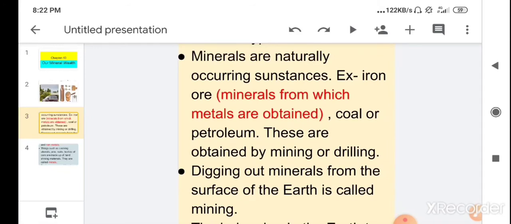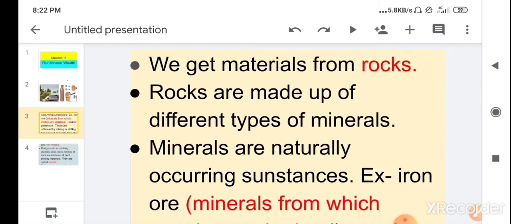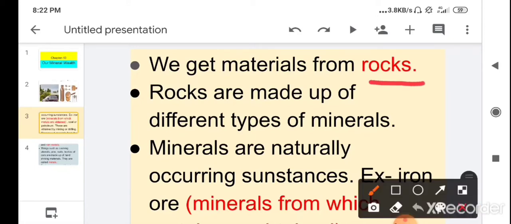We get many of these materials from rocks. The material which is used to make different objects and substances, we get from rocks.